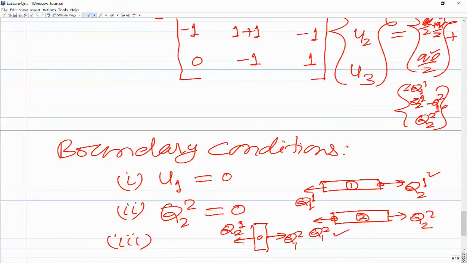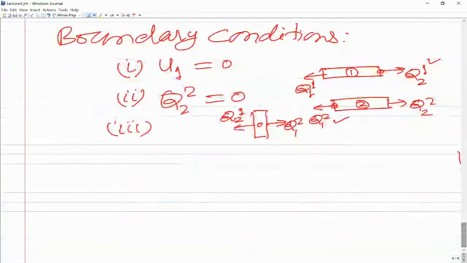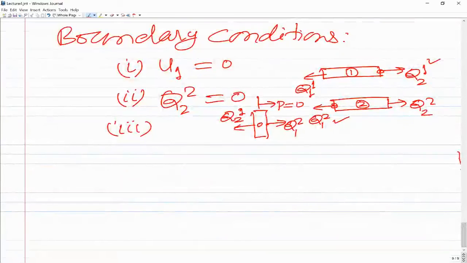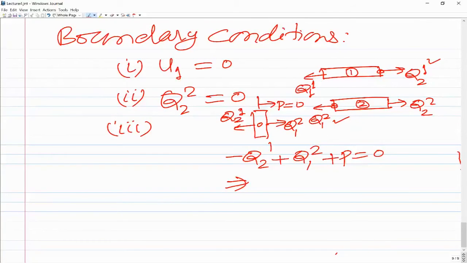And as of now there is no concentrated force at node number 2. Although let me take that as a p, but p actually equals 0, that means there is no concentrated force. Now we write the equilibrium equation for this, so we get minus q21 plus q12 plus p equal to 0. So you can write this as q21 minus q12 is equal to p.